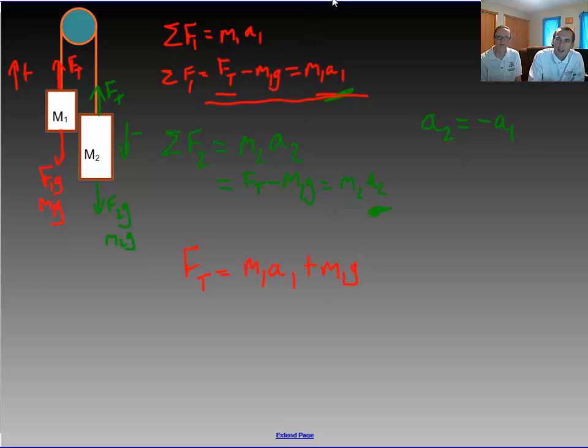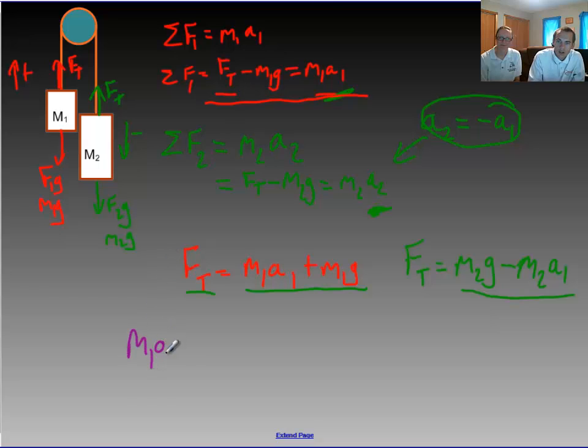Then I'll do the same for the other equation, making the substitution A2 equals negative A1, so Ft also equals M2g minus M2A1. Now I have Ft equal to both of these, so I can put them together: M1A1 plus M1g equals M2g minus M2A1.